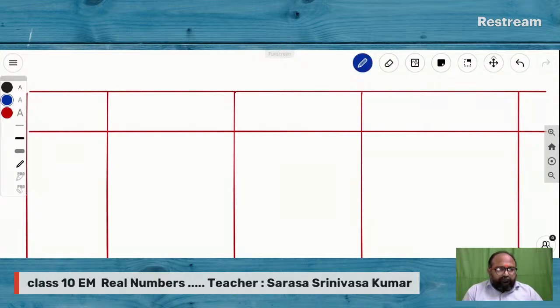So the first one is class interval. This is the first column. And the second column is number of students.